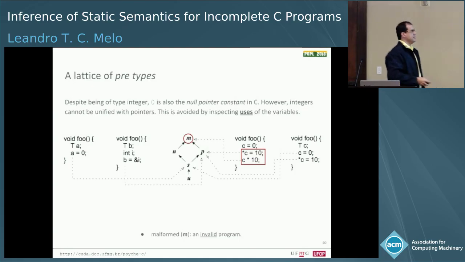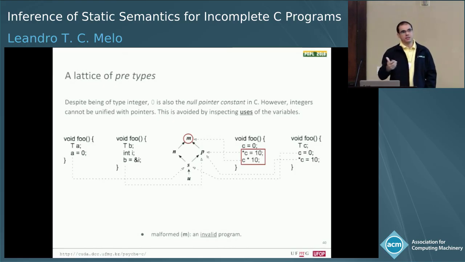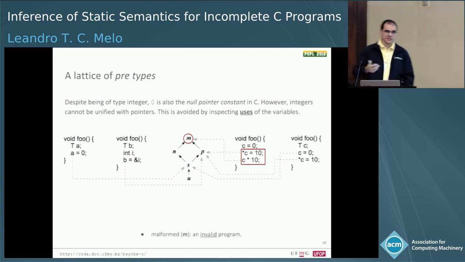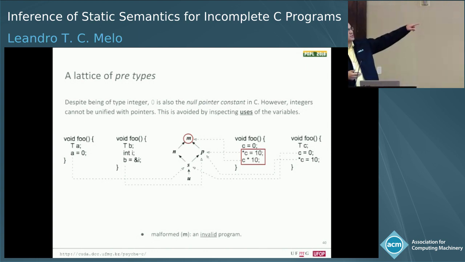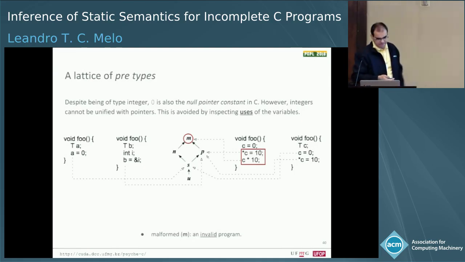And this is the case where we have a dereference, and we also have a multiplication. Okay, and in C, pointers cannot appear in multiplication, so this program takes our lattice to the malformed stage. And as the result, we have our pretypes defined.